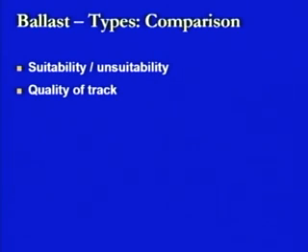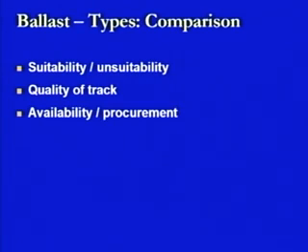Then, what is the effect of the material on the quality of track? That is another aspect. Materials which have good properties, good drainage conditions and strength characteristics improve the quality of the track, but other materials may have some problems, and therefore the quality of the track may not be improved by that amount.